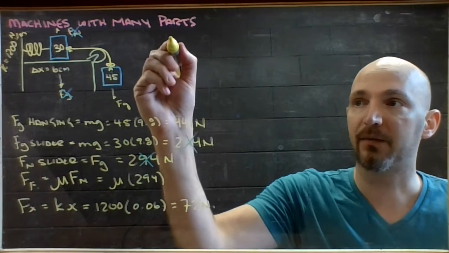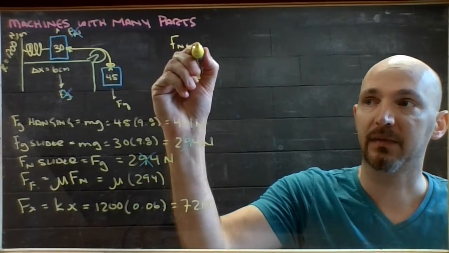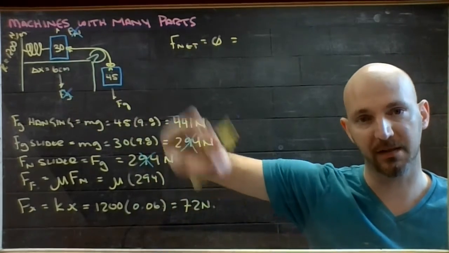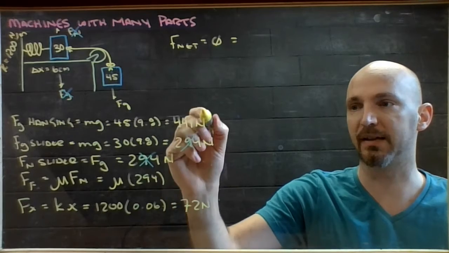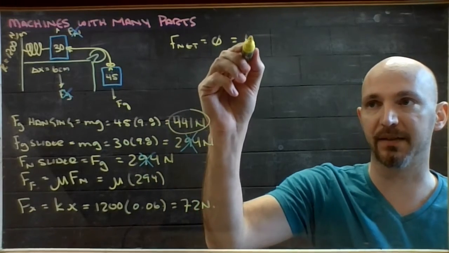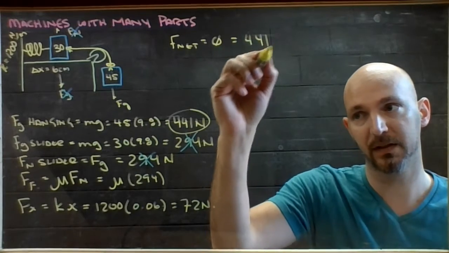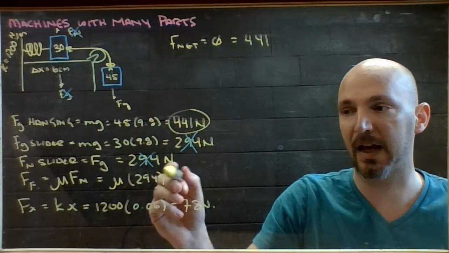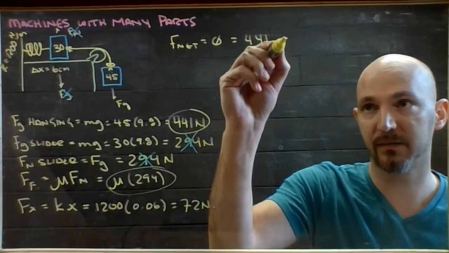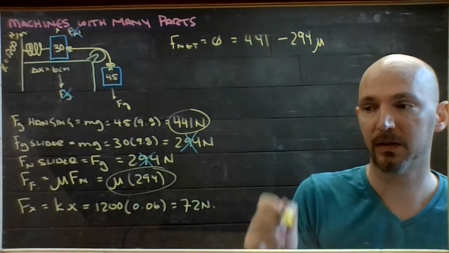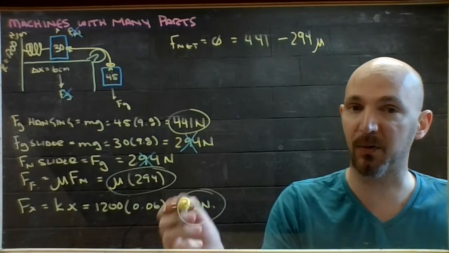So if my net force is supposed to be 0, I'm going to choose this to be the positive direction. So that's this force is positive, force of gravity trying to pull me off the table. From that, it has to beat the friction, so minus 294 mu, and it has to beat this spring force.